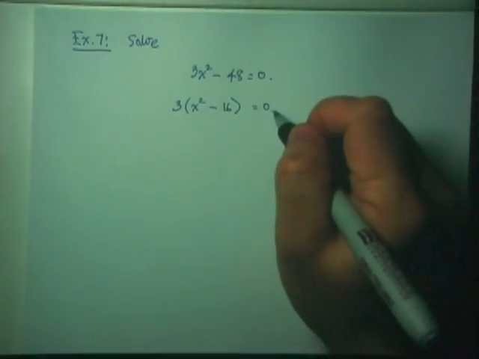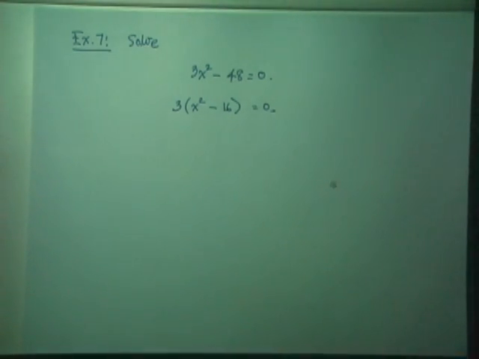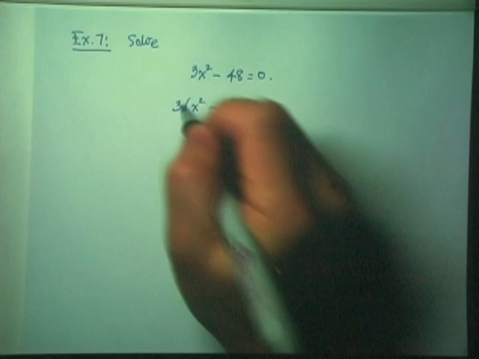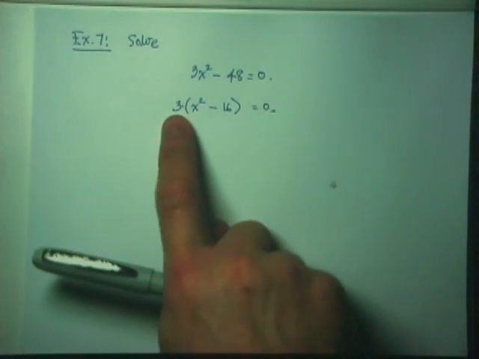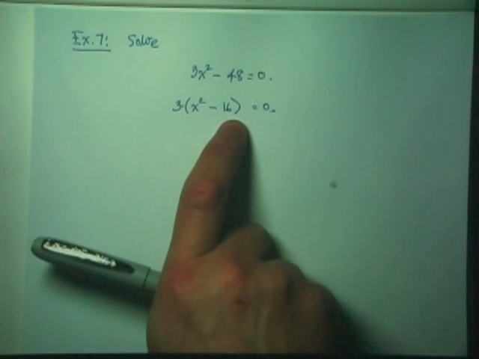Now, I have mentioned this in class, but I might not have mentioned it in this video lesson. When you factor, you need to completely factor. So even though you factor out the 3 and have x squared minus 16, x squared minus 16 can be factored further.